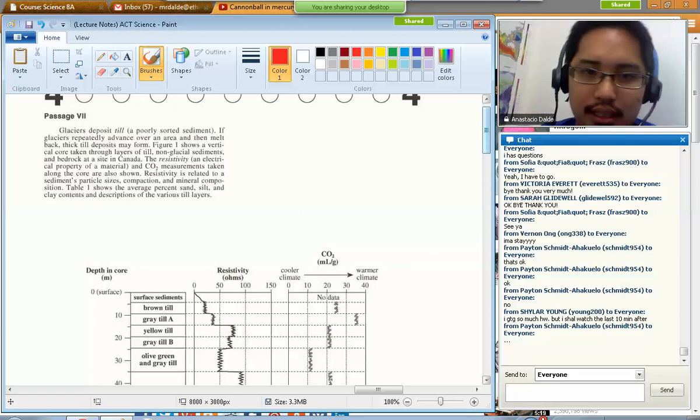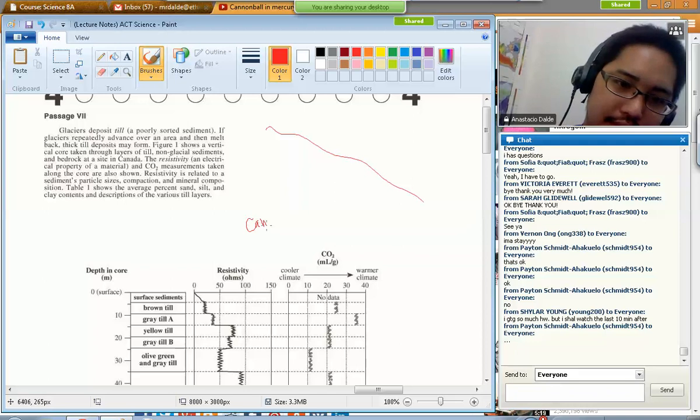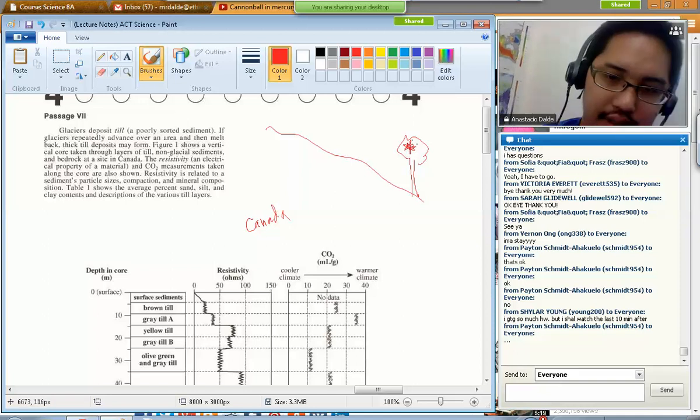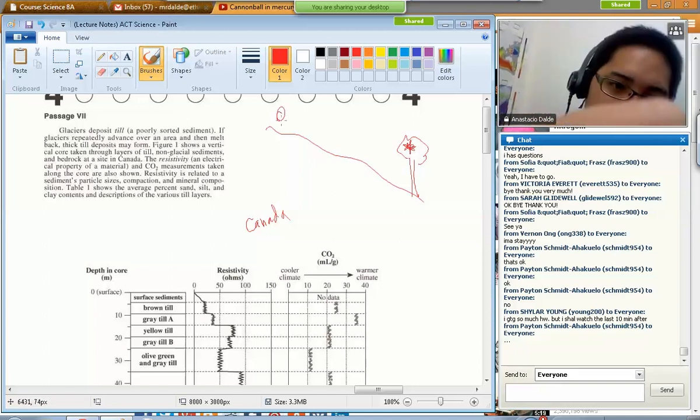So here's what basically they're saying. You got Canada. And so there's a maple tree over here. How do you do a maple tree? Something like that, a red leaf, right? And you got a moose, because it's Canada.